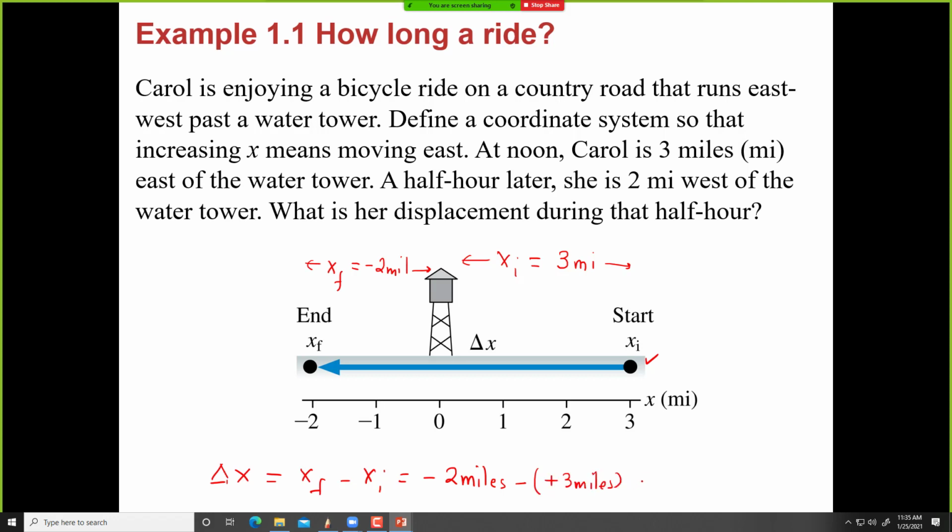So negative 2 minus 3 is 5, and you need to write the unit also, 5 miles. Minus 5 miles. The minus sign means she is moving to the left. So sign is very important. It tells you which way she is moving.